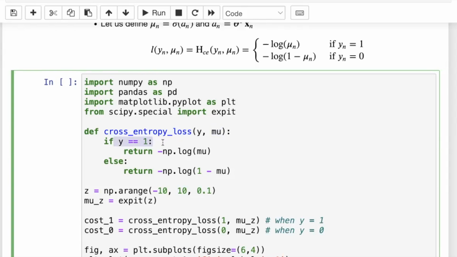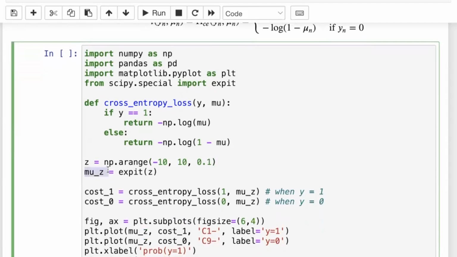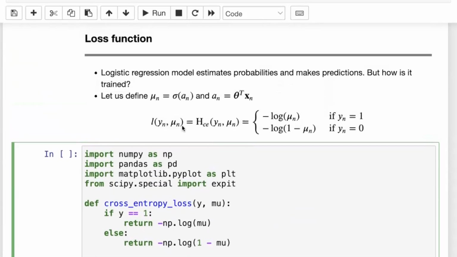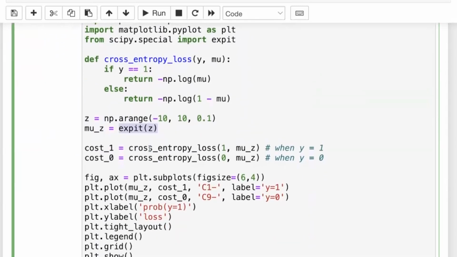If y equals 1, then we have to return negative log of mu. Else, which means that if y equals 0, then we have to return negative log of 1 minus mu. And in order to find mu, we're going to create some numbers from negative 10 to 10 and pass them through the sigmoid function or logistic function to find this mu that we have here.